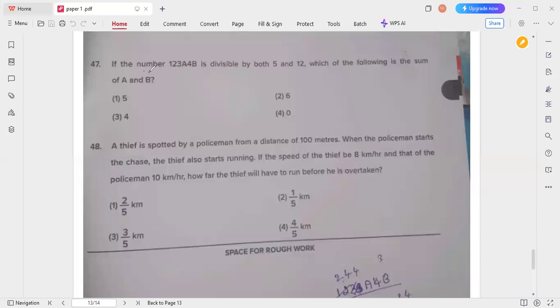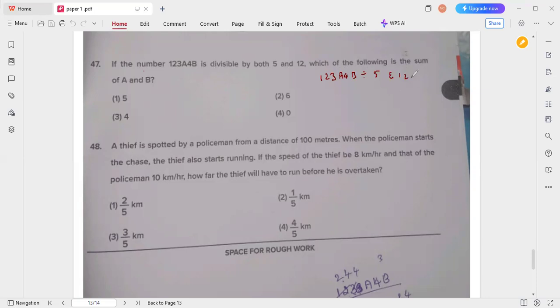So if the number 1, 2, 3, A, 4, B is divisible by both 5 and 12. What? 1, 2, 3, A, 4, B is divisible by 5 and also 12.